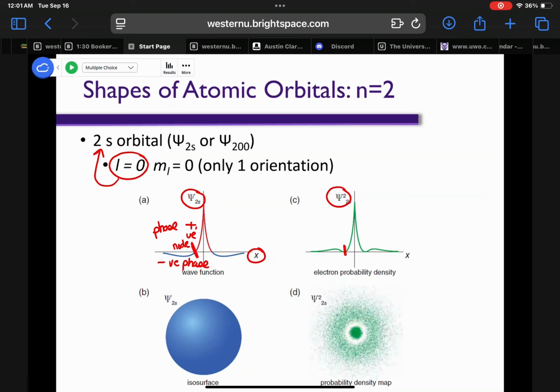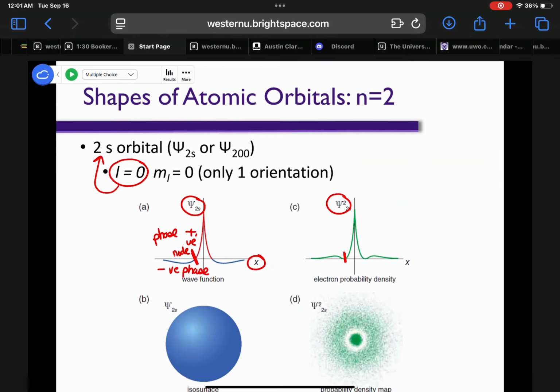But we just said it had one node. So now I'm going to be this function over here. When I hit the 0 line, there's a 0% chance, 0 probability of finding the electron there. It's 0 over there. But when I rotate, this node here is the same as this node over here.